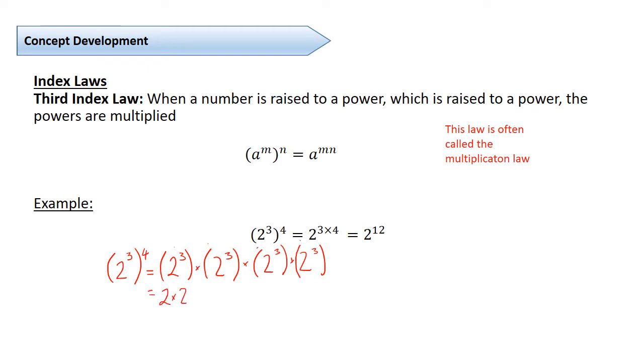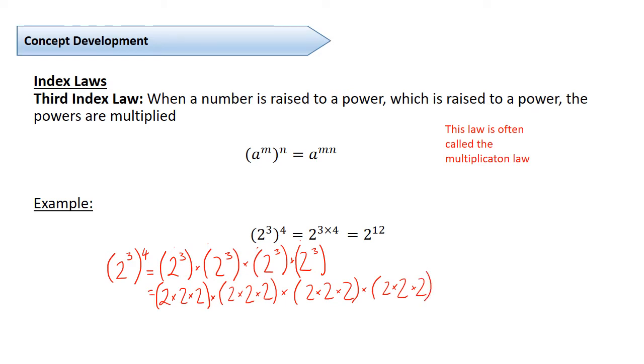2 times 2 times 2. That's the first set of brackets. We'll keep our brackets in to help us keep check. 2 times 2 times 2. 2 times 2 times 2. Goodness me, this is getting pretty old pretty quick.